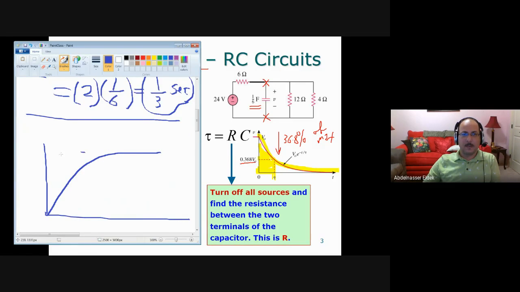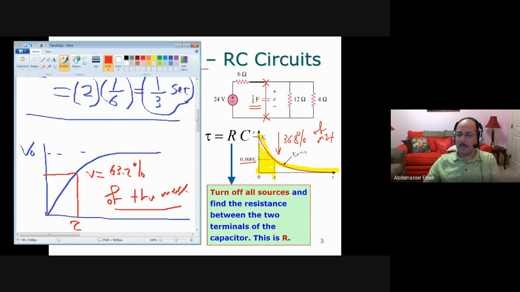If this value is V0, when t equals tau exactly, then the voltage here equals 1 minus this number, which will be 63.2% of the maximum.